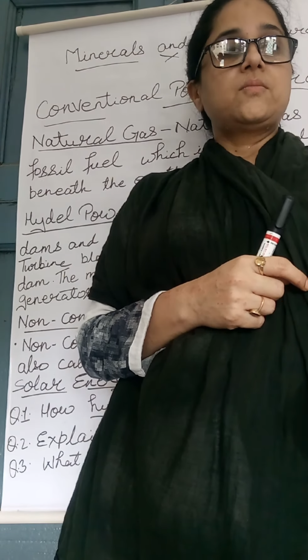Today I will explain two topics, that is solar power and wind power. Now, what is solar energy? The energy produced through sunlight is called solar energy. The sun's energy is in huge amount and it is used in many countries for domestic, cooking and heating purposes.